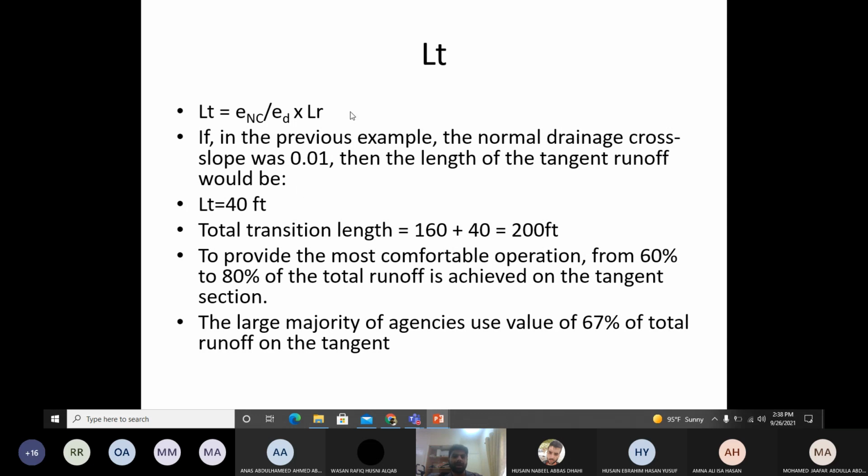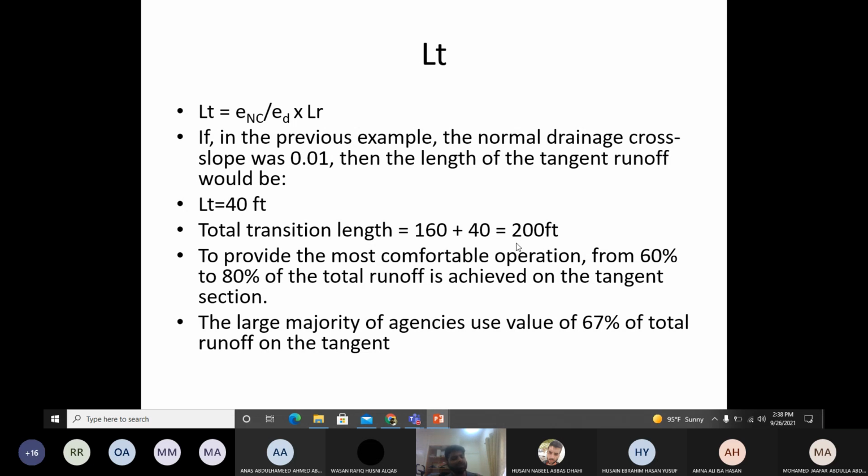Now LR, going back to the original example, LR is 160 feet and LT was calculated to be 40 feet. So the total transition you need to go from normal slope to full slope elevation is 200 feet. 160 for the LR and 40 feet for LT.